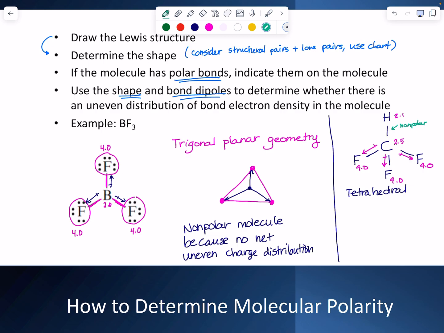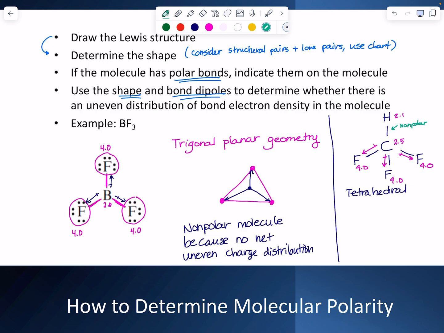So if we're looking at the bond dipoles, we have a similar situation to the boron trifluoride where we've got 3 bond dipoles attached to our central atom. But in this case, instead of all being in the same plane, they're all kind of pointing down.